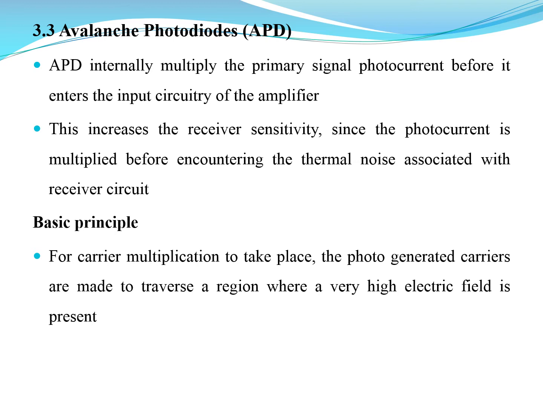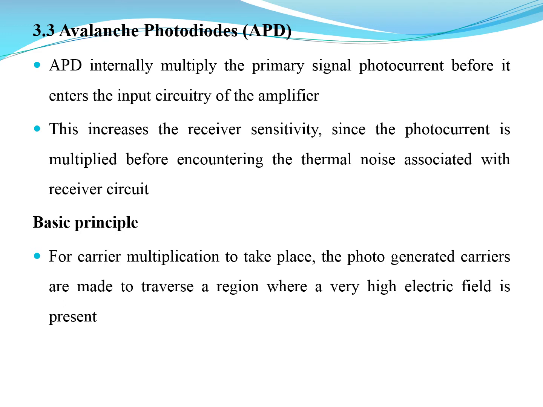Since the photocurrent is multiplied before encountering the thermal noise associated with the receiver circuit. The thermal noise is the noise produced by the selection of RL, and even the amplifier is going to produce an amplifier noise. So two different noises get added to the system.